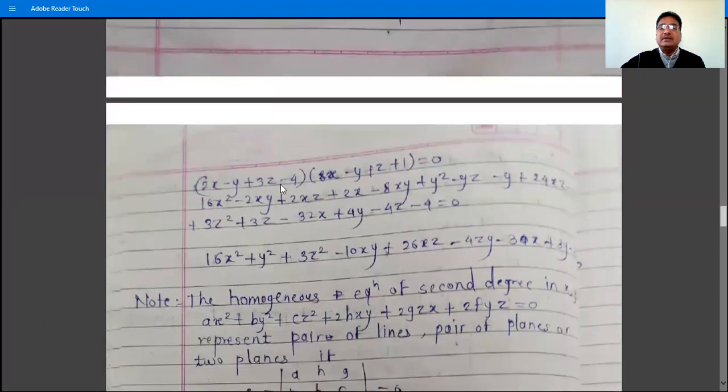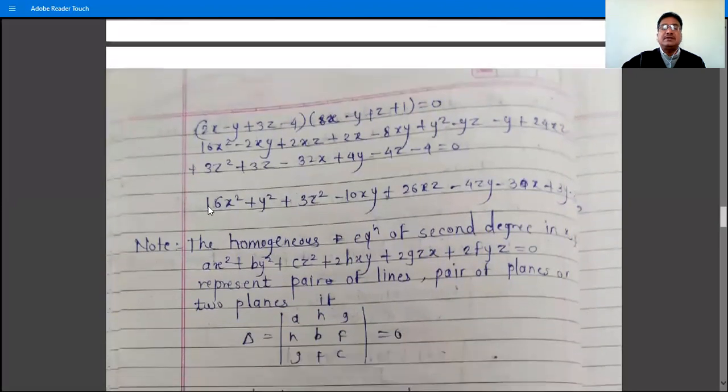So if we simplify this, what do we have? We have this answer: 16x square minus 2xy, that is the multiplication. The first bracket contains 4 terms, the second bracket contains 4 terms, and so their multiplication contains 16 terms. What are they? 2x into 8x is 16x square, 2x into minus y is minus 2xy, 2x into z is 2xz, 2x into 1 is 2x, then minus y into 8x is minus 8xy, minus y into minus y is plus y square, like that the remaining terms.